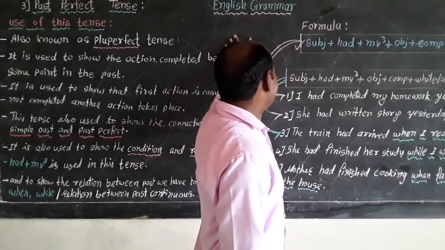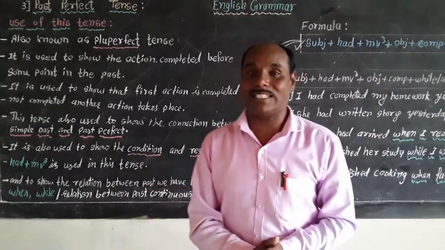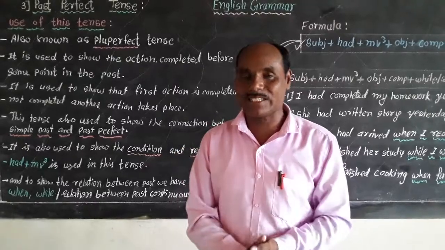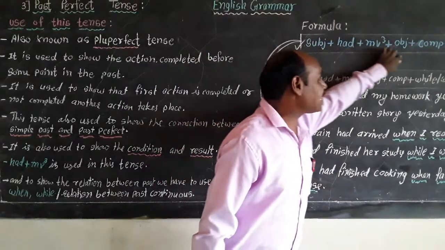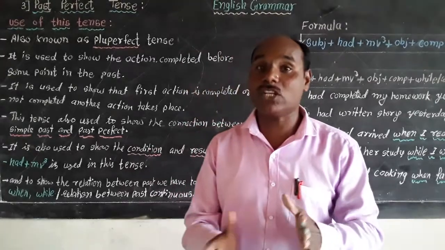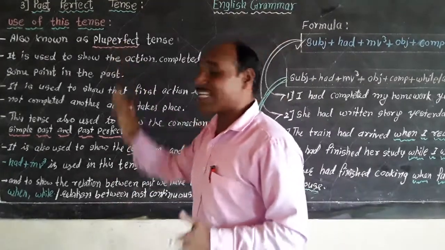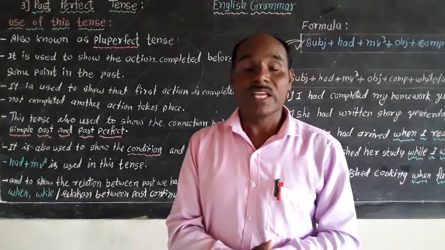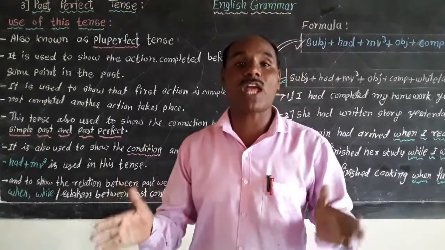Next thing, in this tense there are four types of sentences. First one is the sentence for which the formula is already given. Then the second type is the negative statement in past perfect tense. And the third one is the question statement. In question statements, we have two types of questions.